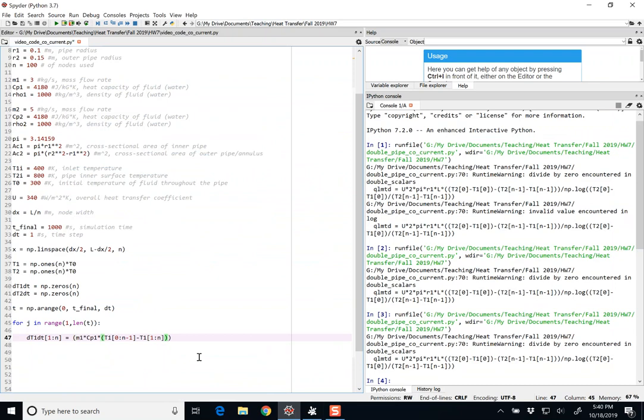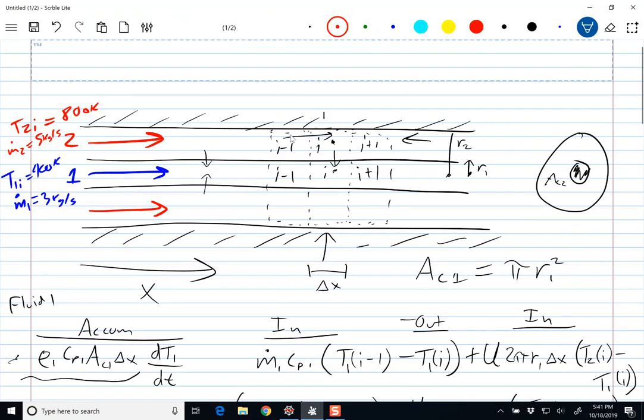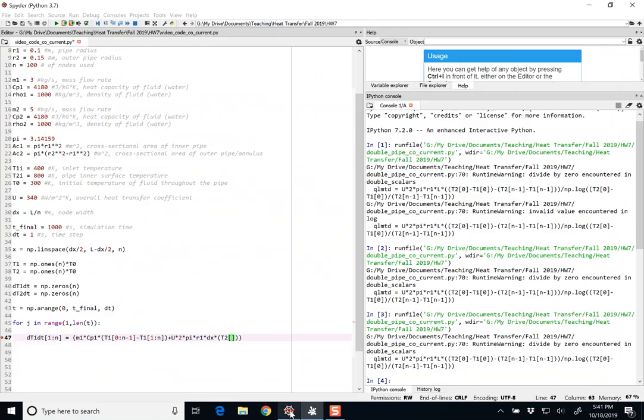Okay, so now we're going to have our U times 2 times pi times r1 times delta x. And now we're going to multiply this temperature difference. So we're going to go from T2, and again, since this is an energy balance on the ith node, that convective term is going to go from the outer fluid's ith node into the inner fluid's ith node.